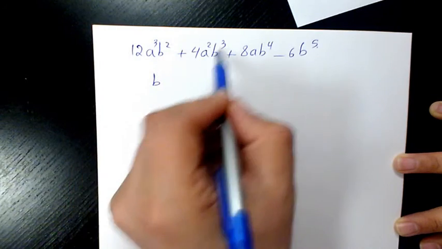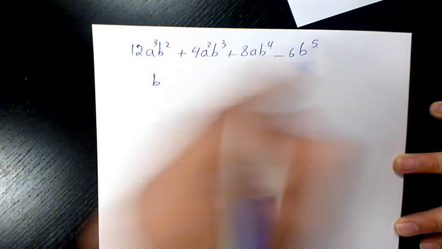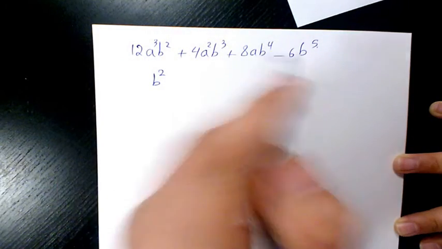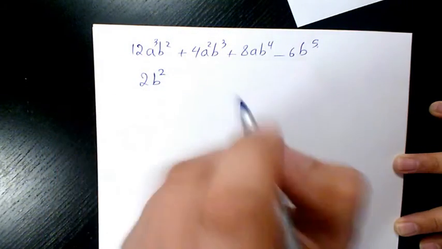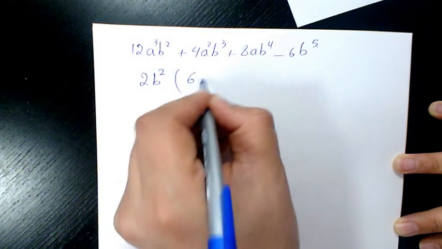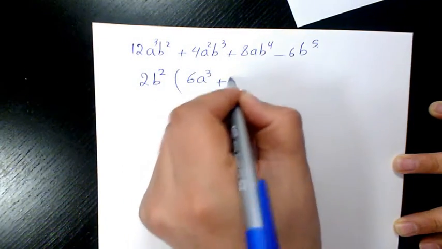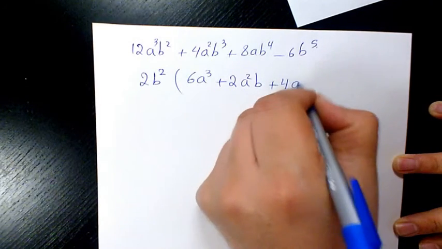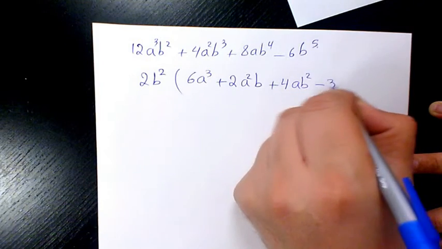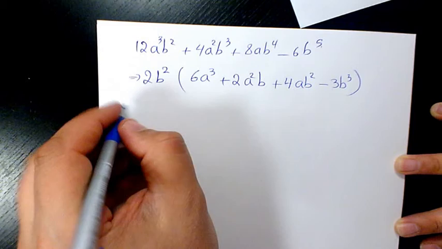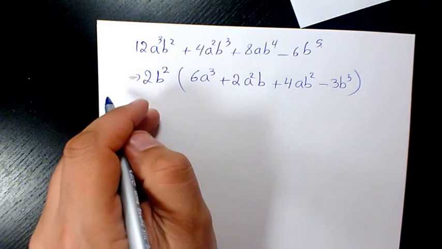B squared, b cubed, b to the power of 4, b to the power of 5, so I can factor b squared. 12, 4, 8, 6, I can factor 2 here because the GCF is going to be 2. So that's going to make it 6a cubed plus 2a squared b plus 4ab squared minus 3b to the power of 3. That's going to be the factor form.